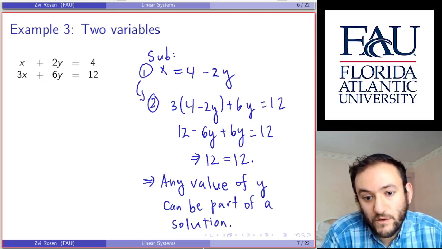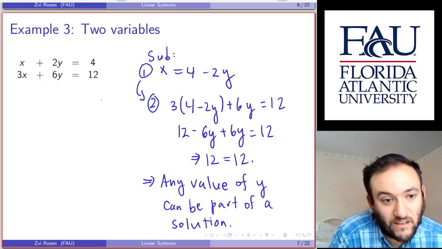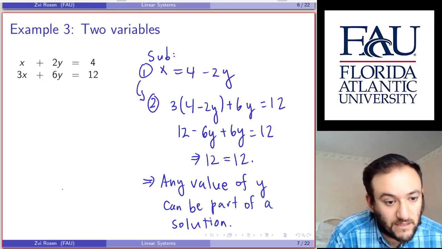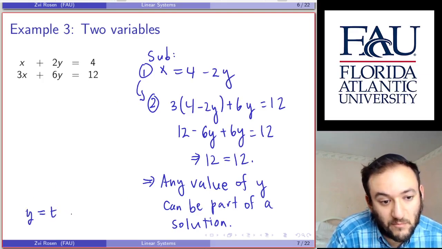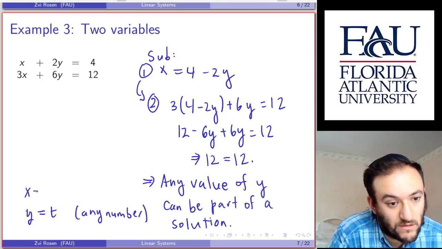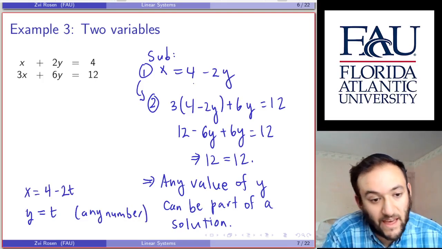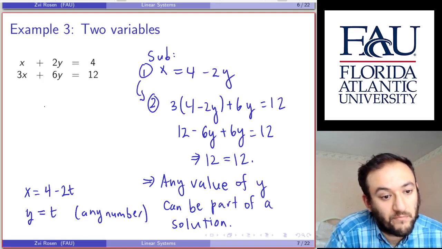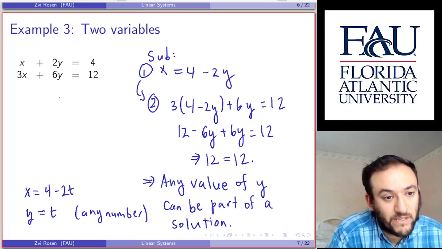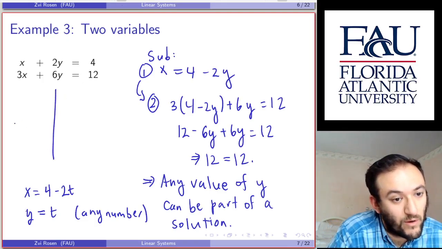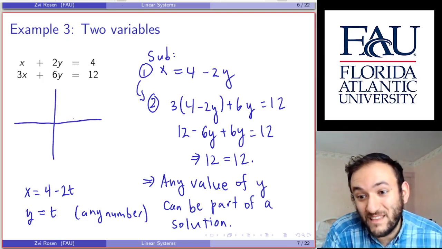Okay. So if we take any pair of values, let's say we set y equals t, where t is just any number, and x equals 4 minus 2t, because that's the relationship that they have, then these should be a valid solution to this pair of equations. And the reason for that is that these two equations describe the same line.